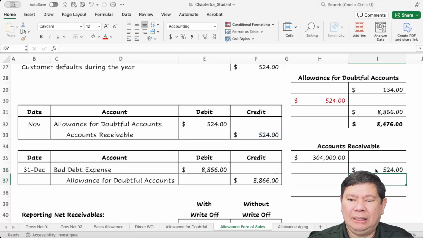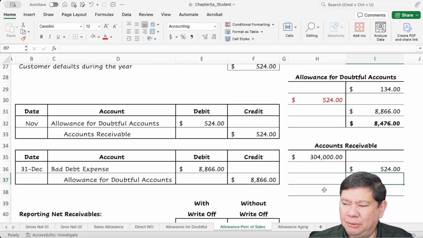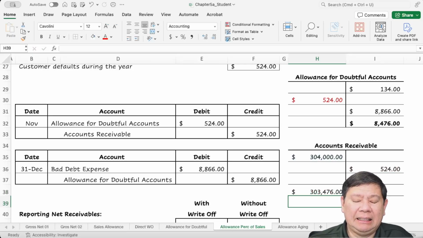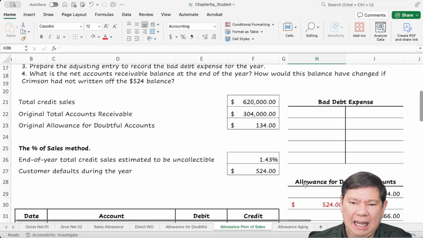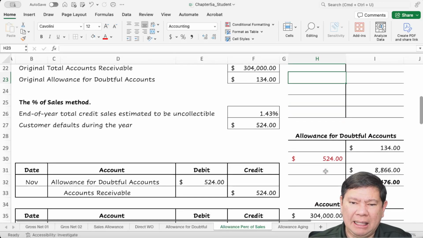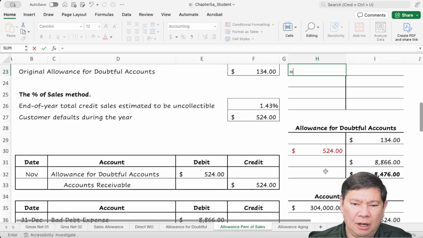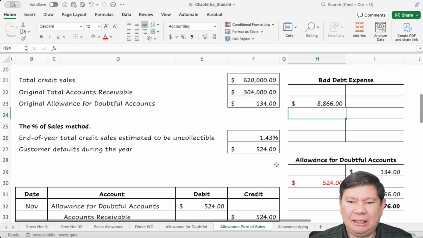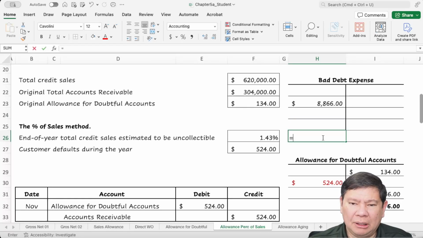Accounts receivables will be reduced by the write-off, okay, 524. So the ending balance of accounts receivables is 303,476. And we are going to recognize bad debt expense of 8,866. So that's going to be the amount reported on the income statement, 8,866.